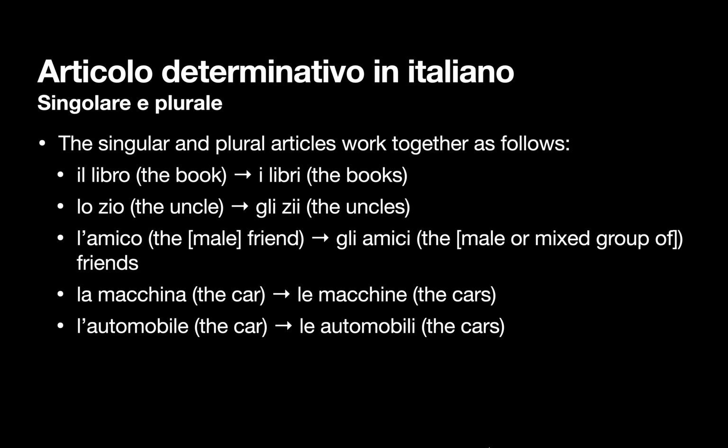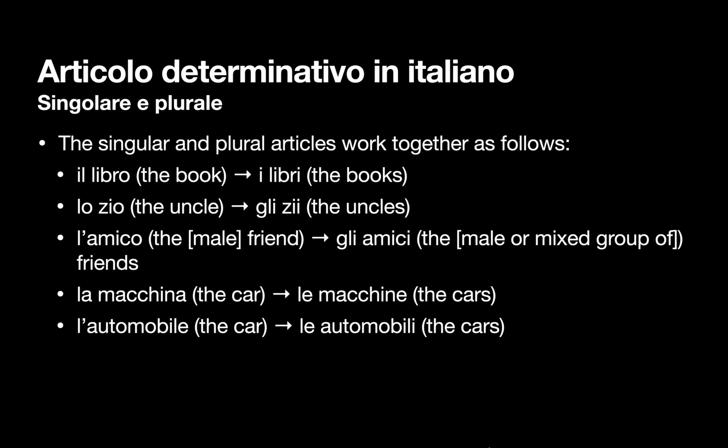So let's give some examples here. This is how the singulars and the plurals work together. I know for an English speaker, it's hard enough to contemplate masculine and feminine words for the, let alone having different ones for singular and plural. So I want to go into how this works. Il libro, the book, would then become i libri, the books.